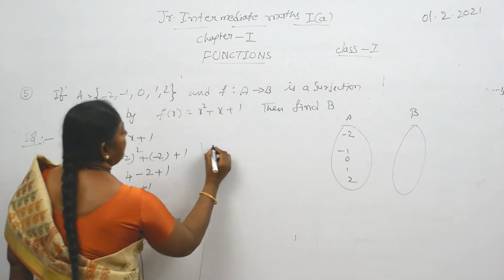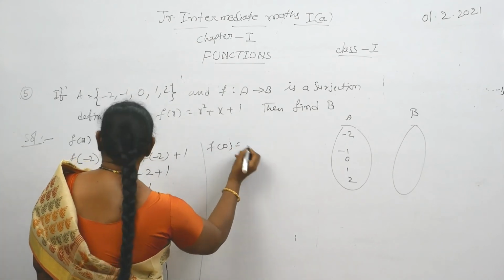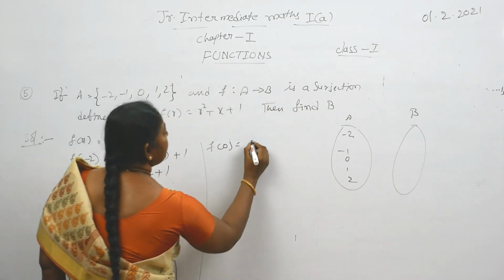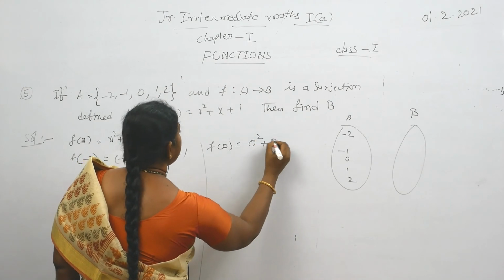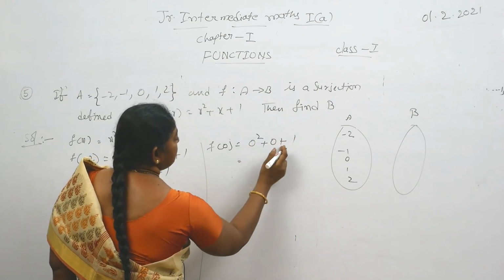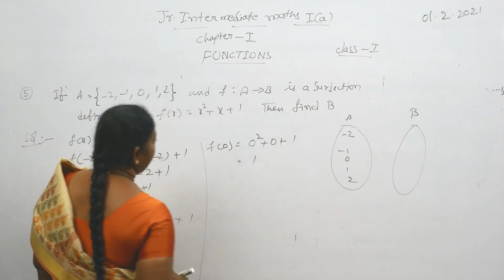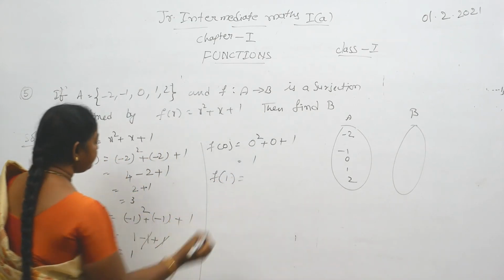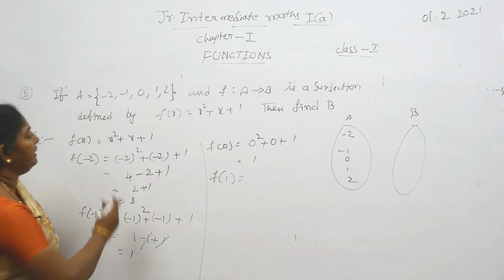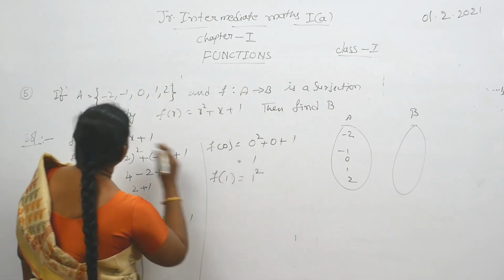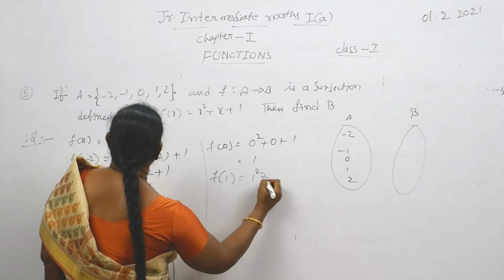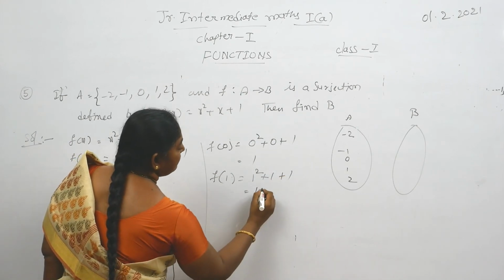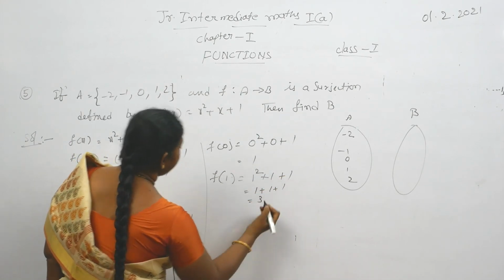Next, f of 0 equals 0 square plus 0 plus 1. So 0 square is 0, so we get 1. Next, f of 1 equals 1 square plus 1 plus 1. So 1 plus 1 plus 1 equals 3.